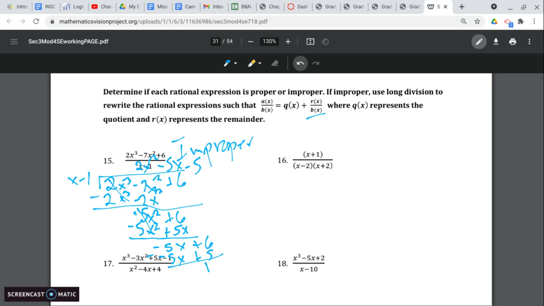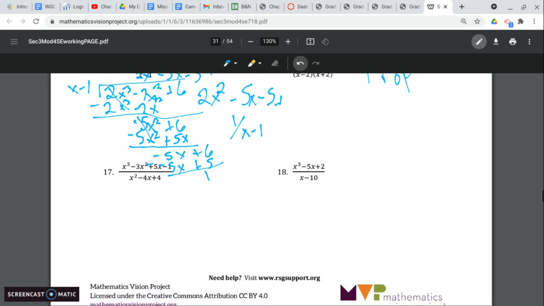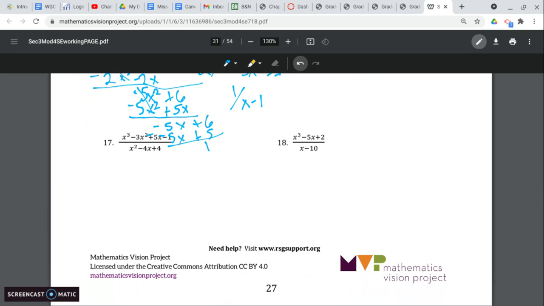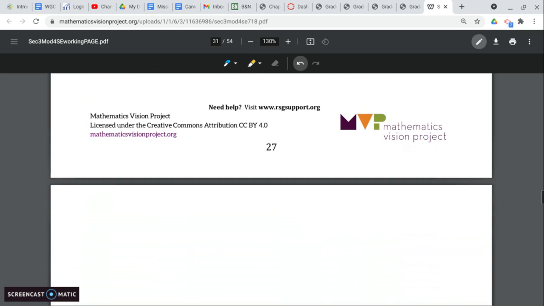So this ends up being 2x squared minus 5x minus 5 plus 1 over x minus 1. So this is what happens when it's improper. When it's proper, such as this one here, we just write proper. Now, I will tell you 17 and 18 are both improper, so you'll be dividing on each of those, okay?